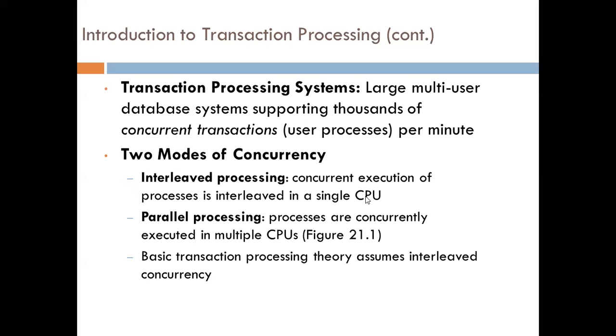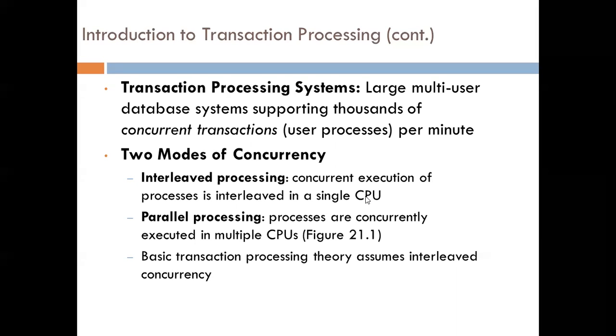In parallel processing, the processes are concurrently executed on multiple CPUs. When we have multiple cores in the CPU, each transaction will be spawned as a separate thread, and each of these threads gets executed on a separate core of the CPU, thus achieving true parallel processing.